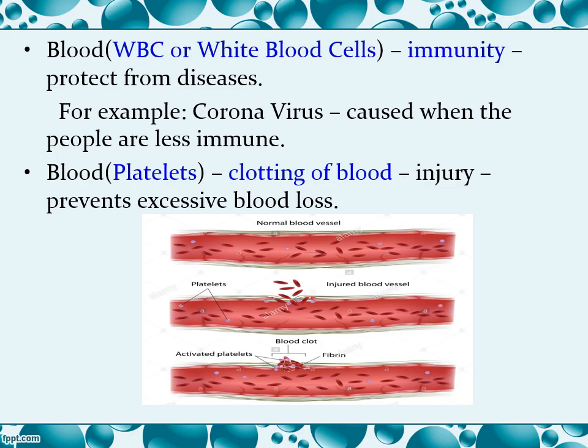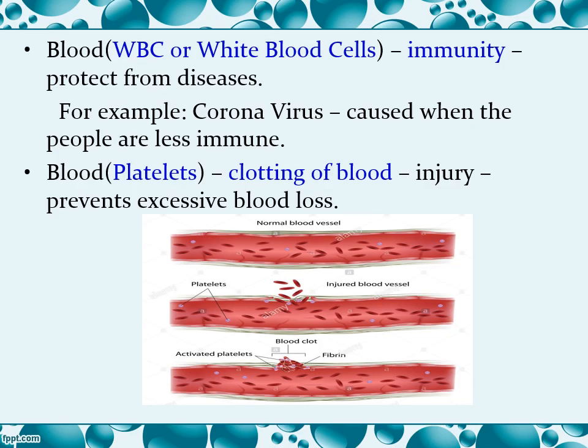Let us do a small recap about the blood. The blood is red in color due to the presence of the pigment called hemoglobin. There are two types of blood, that is oxygen-rich blood and oxygen-deficient blood. Moving on to the function, the blood transports oxygen from the lungs to the different cells of the body. Meanwhile, the carbon dioxide gets transported from different cells of the body to the lungs and it is expelled through nostrils.